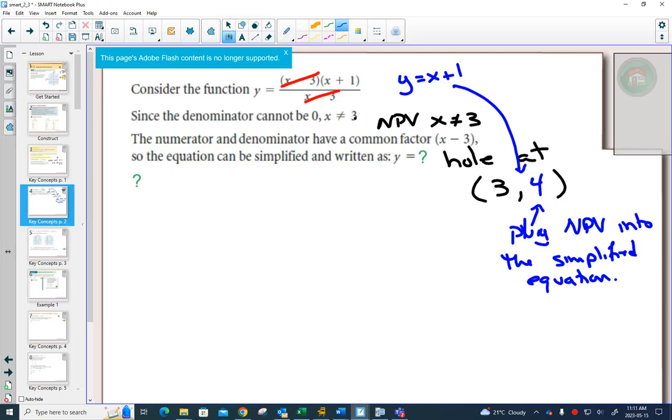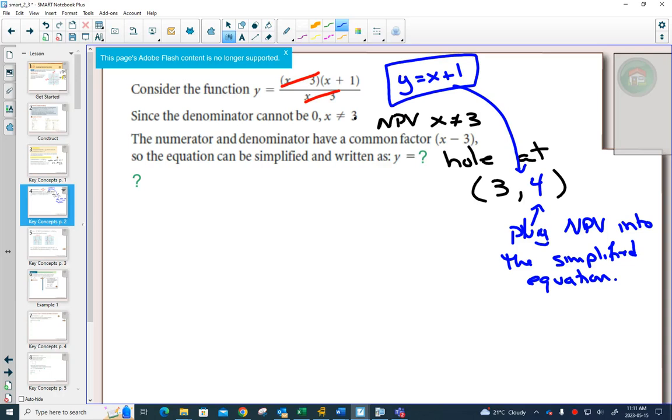So anytime your non-permissible value simplifies away, it doesn't mean it's no longer a non-permissible value, because in the original equation, you're still not allowed to plug in 3. But when it does simplify away, it becomes a hole. And these are often really easy ones to graph, because once you simplify it, you're like, hey, that's something I already know how to graph.